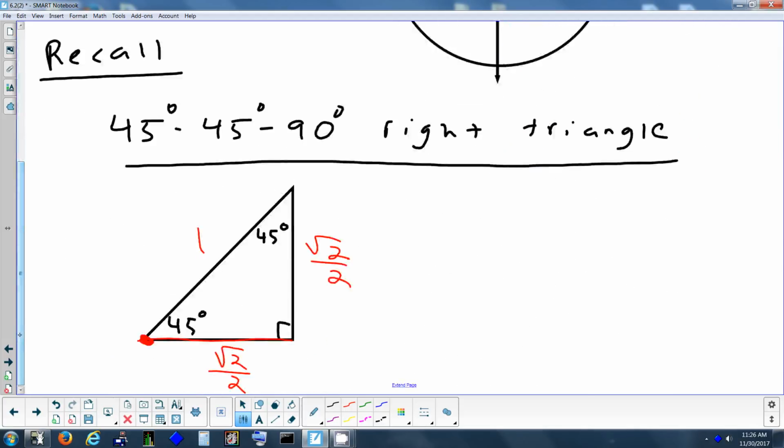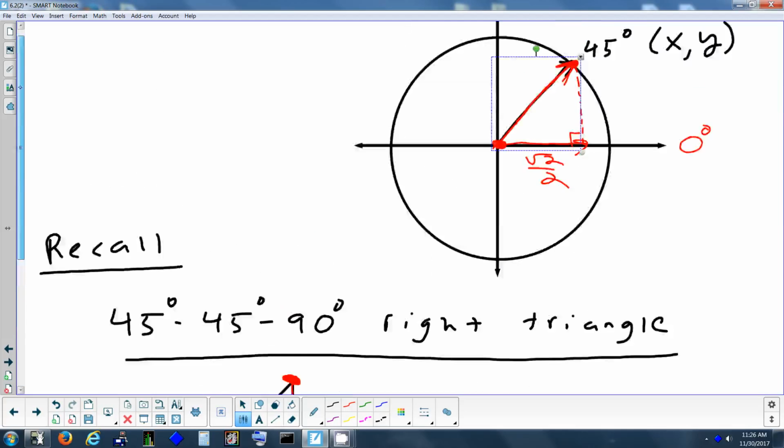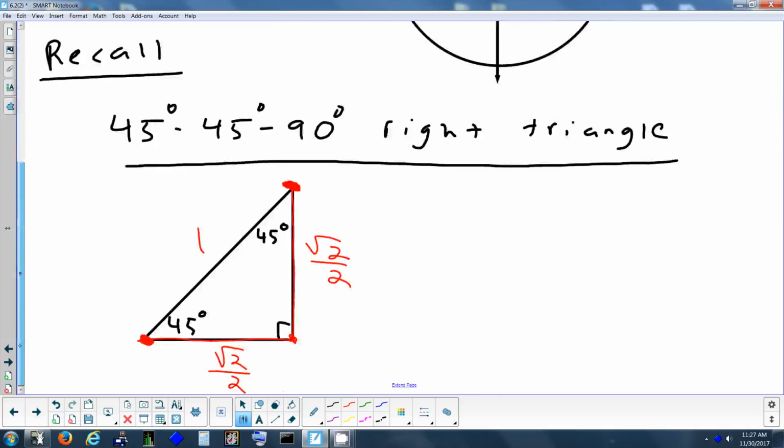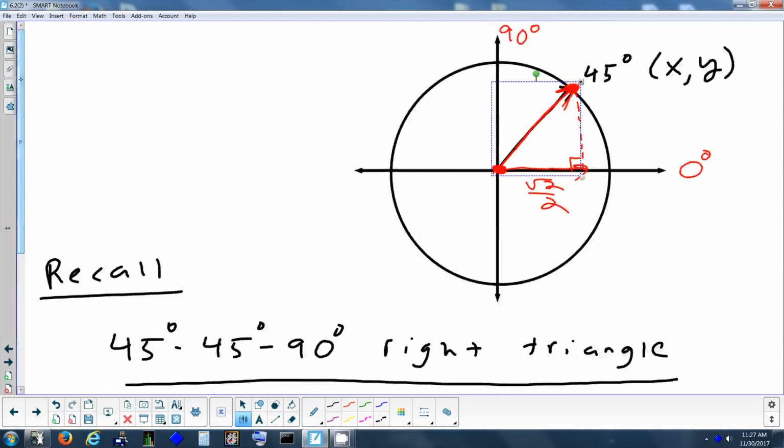And then from that point, you're going to travel up to get to your coordinate. So you travel up the height of the triangle. And what's the height of the triangle? It's also going to be square root of 2 over 2. So for a 45-degree angle, the x-coordinate is square root 2 over 2.